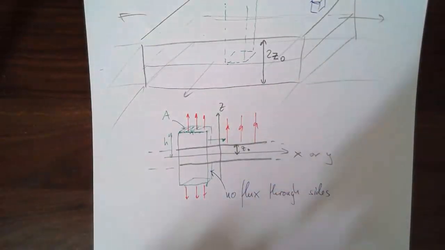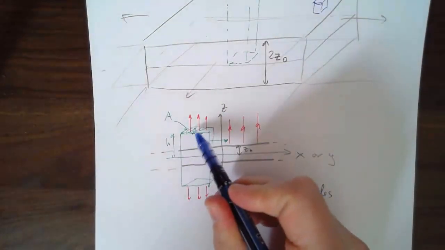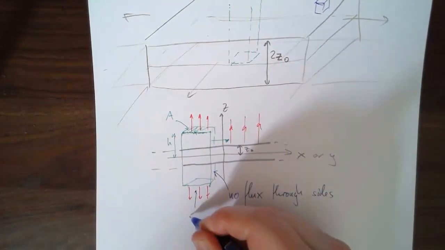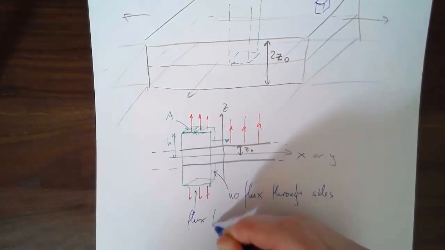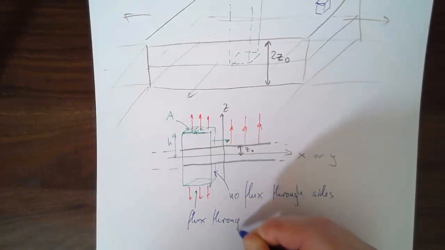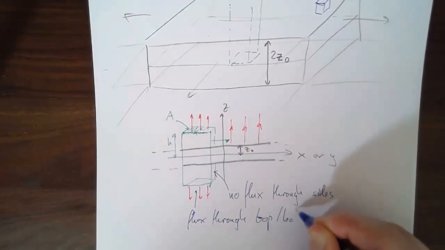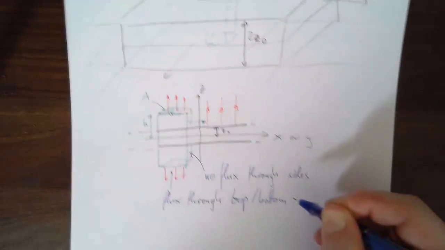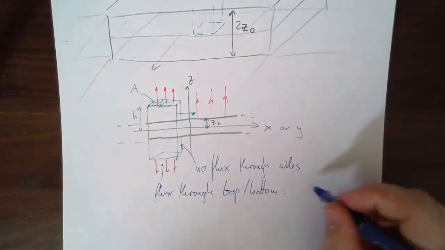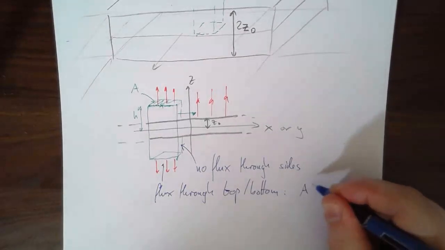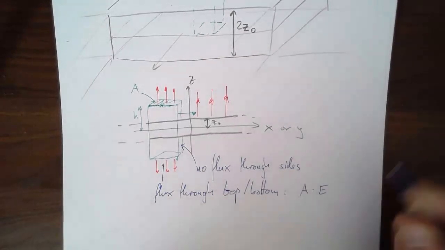the electric field strength here, flux through top and bottom is going to be A times the field strength.